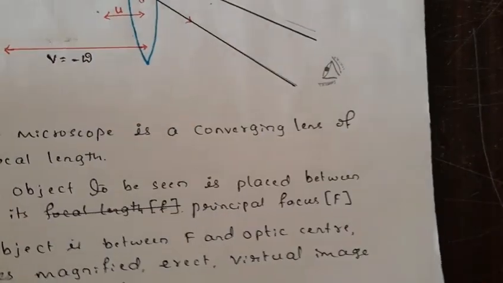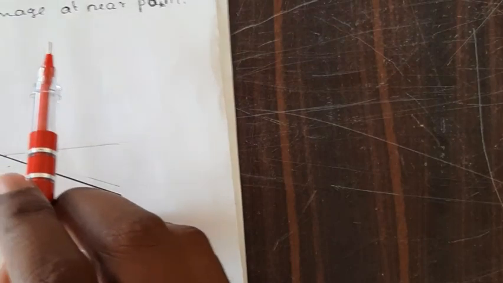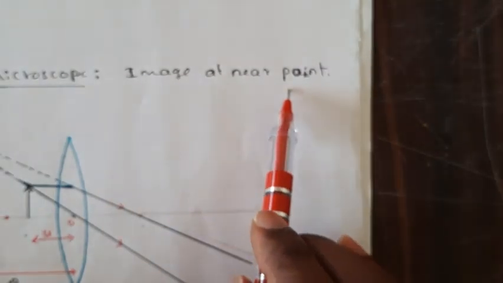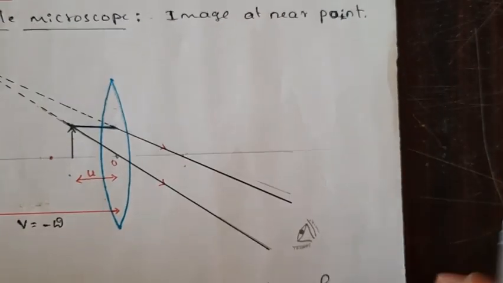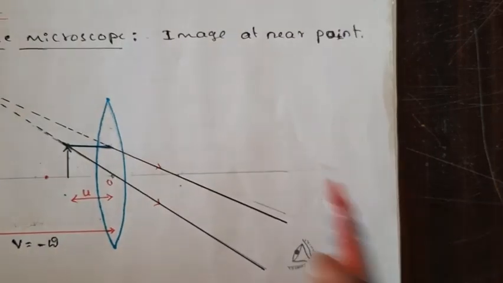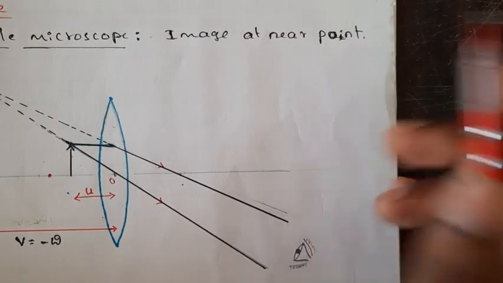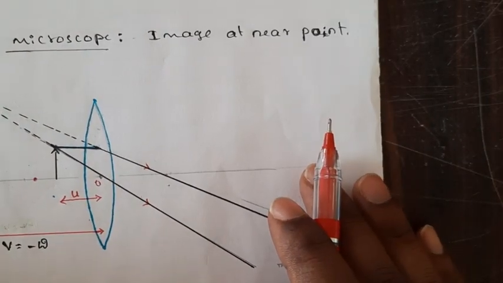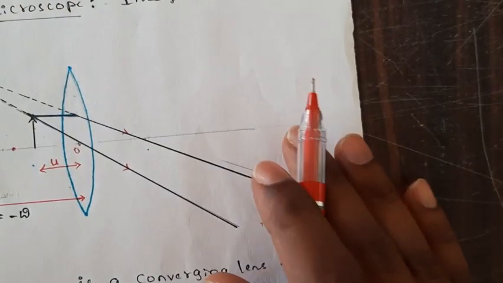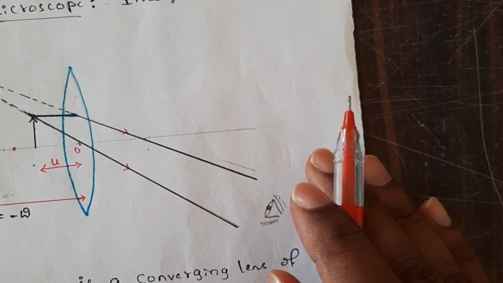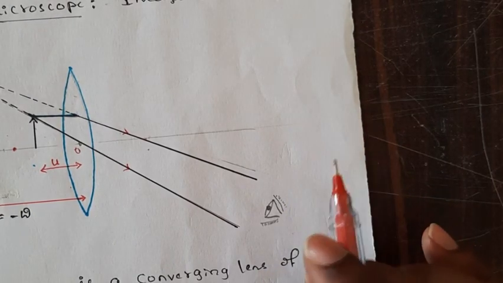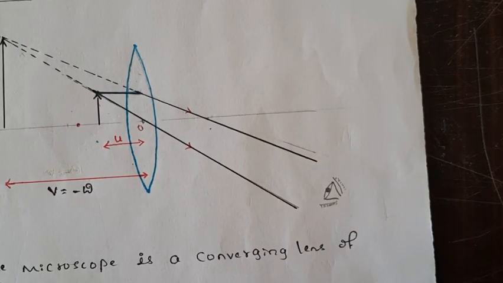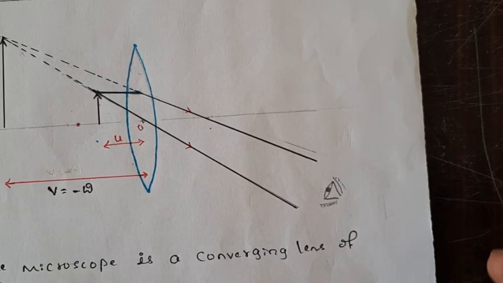Okay, when the image forms at the near point, that is when we keep the eye near the lens and the image is at the distance d, the near point. But it causes some strain on the eye. So if we want to see for a longer time, the image must be at a relaxed position.